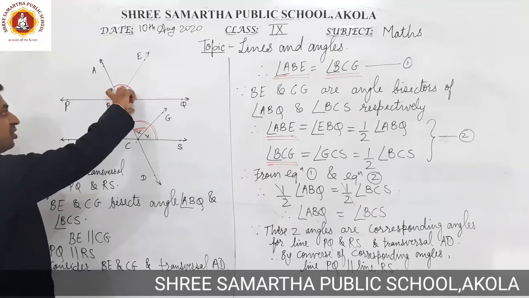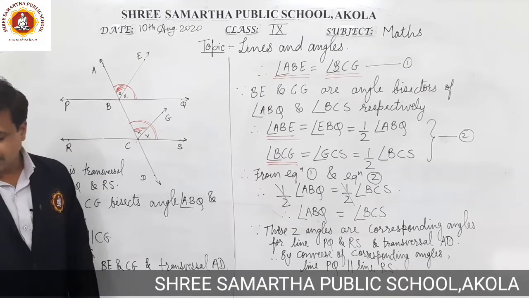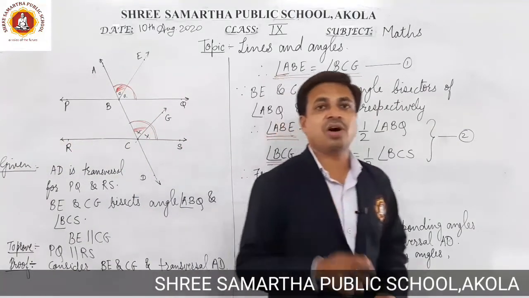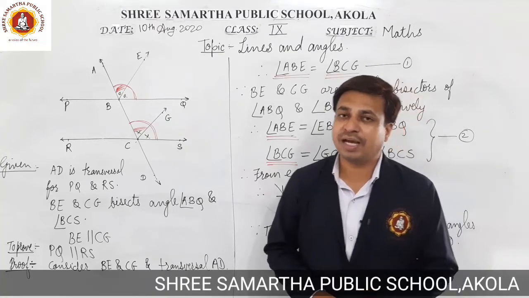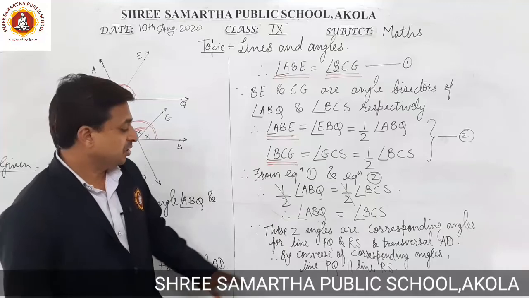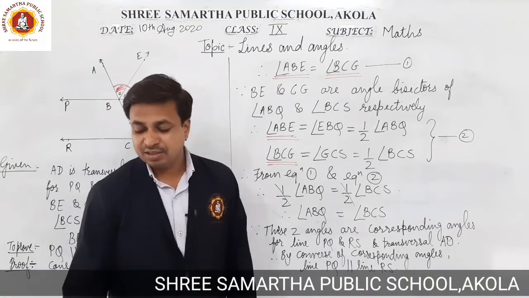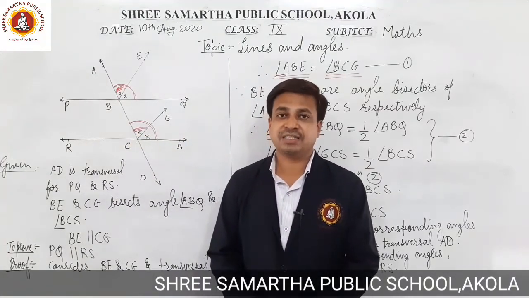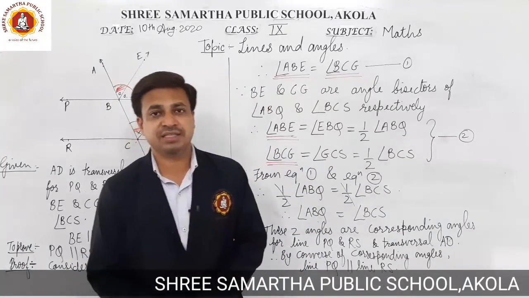And if corresponding angles are equal for given lines, then we can say that the given two lines are parallel by the converse of corresponding angles. So here we have got that PQ is parallel to RS. Understand, dear students? So in this way you can solve this.